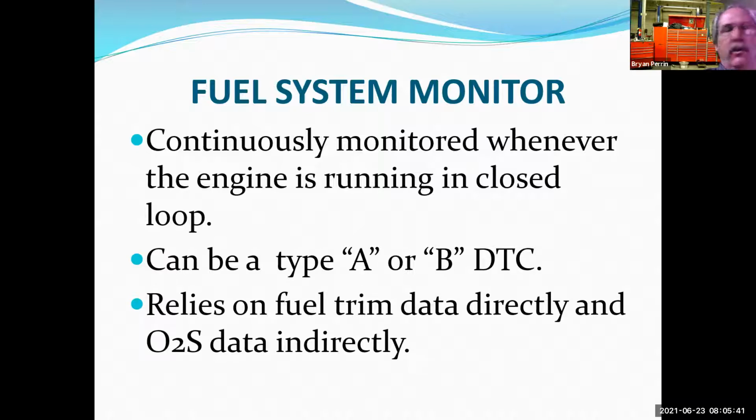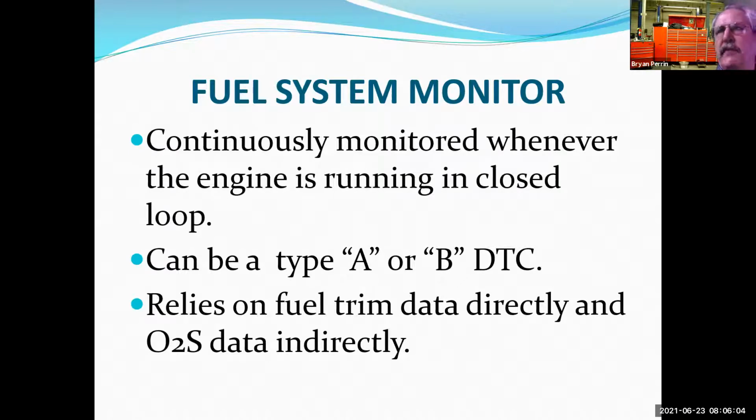Since we know that the O2 sensor and fuel trim are closely related, if the O2 sensor is not acting correctly, fuel trim will respond trying to get it to function properly. So we know that fuel trim is both a response and a command with the O2 sensor, but fuel trim is what we're actually watching.